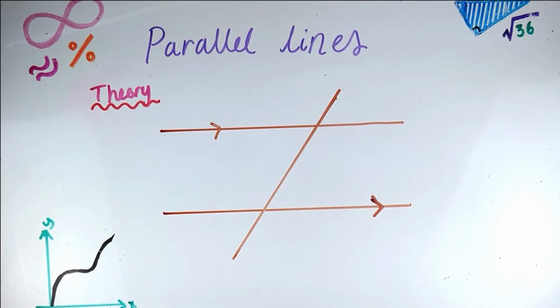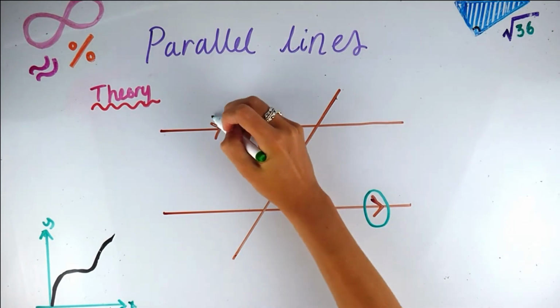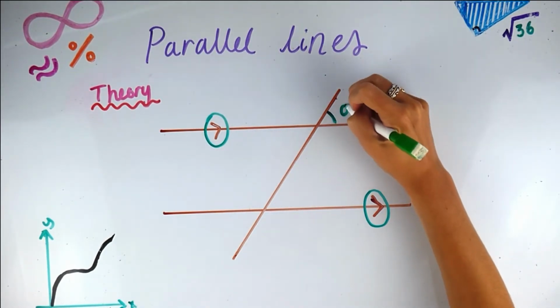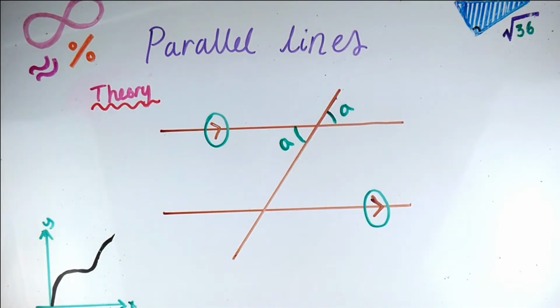Another important bit of theory is, if we look at these two lines here, they're parallel, which is denoted by the arrows. If you have this angle here, let's call it A, this angle here opposite is the same size.